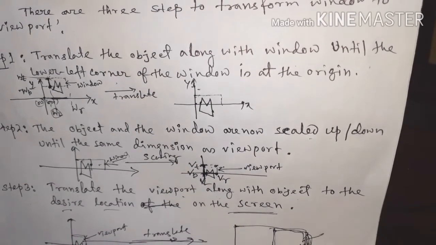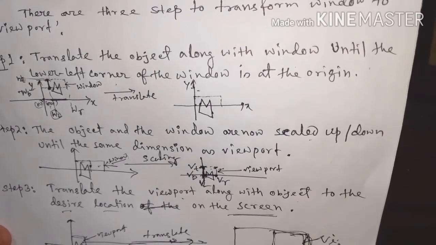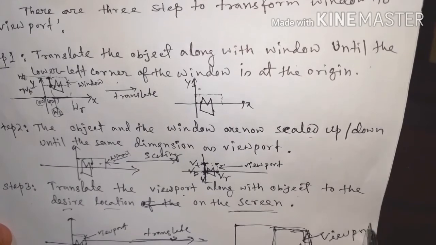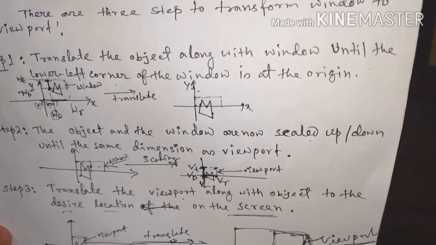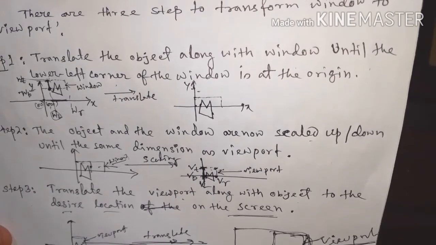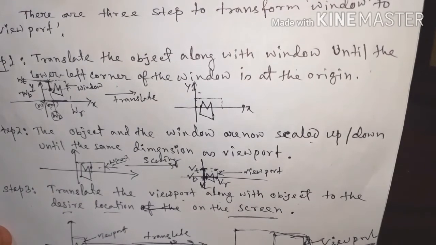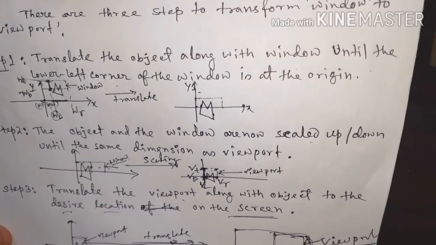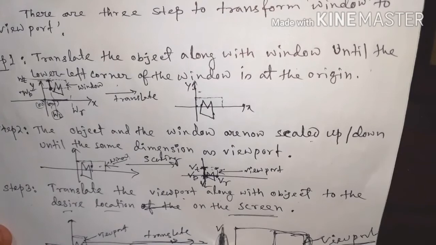So this is the viewport. The viewport will be translated from the origin to the particular desired viewport location, that is VL, VR, VB, VT.